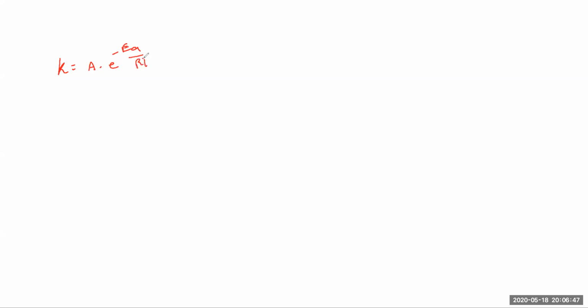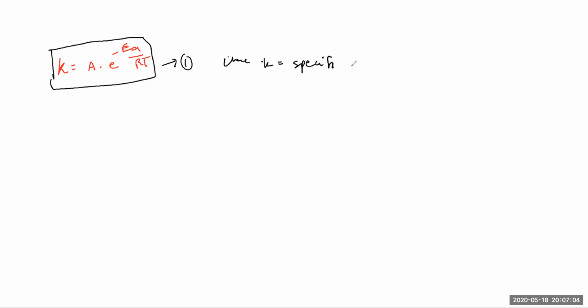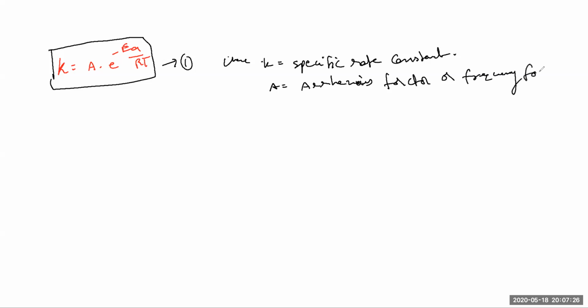This is the Arrhenius equation, equation 1, where k is the specific rate constant, and A is the Arrhenius factor or frequency factor, and Ea is the activation energy.